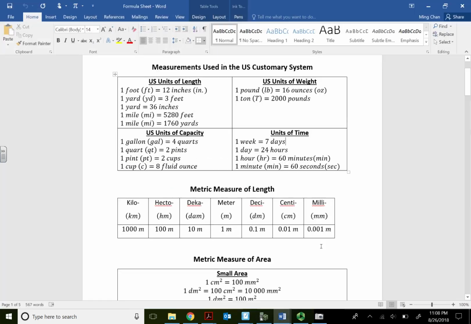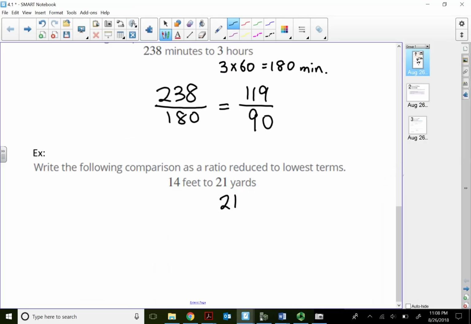On the formula sheet, US units of length, yard and feet: 1 yard is equal to 3 feet. Since I got 21 yards, and every yard is 3 feet, that's why I multiply by 3. That tells me I got 63 feet.